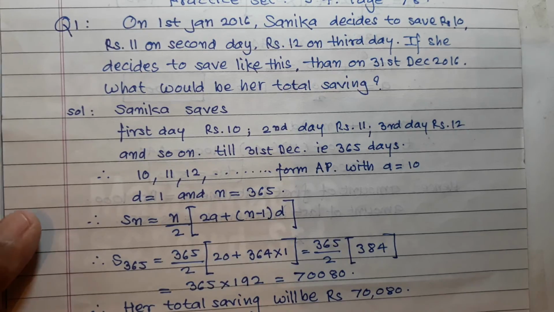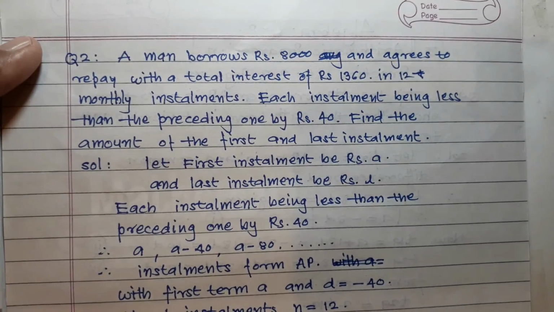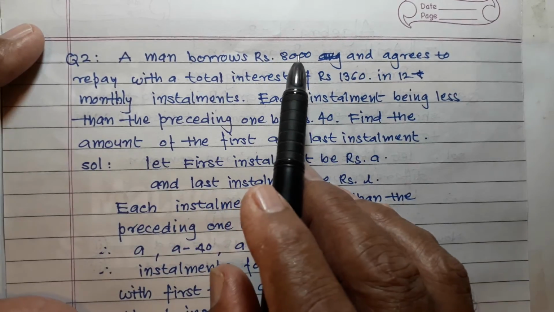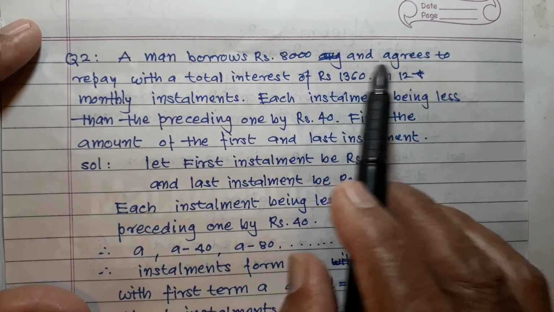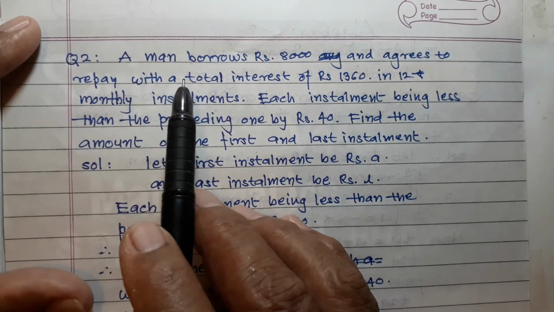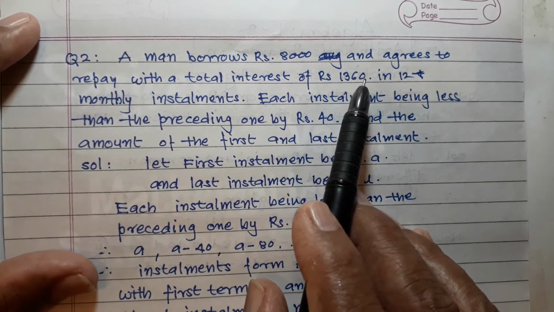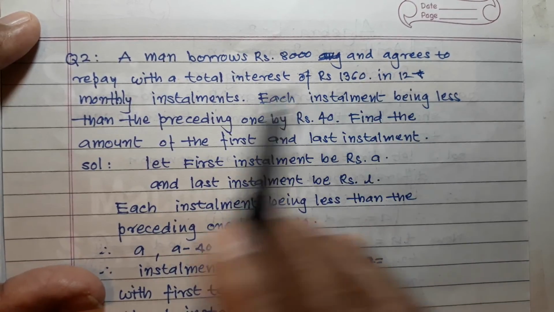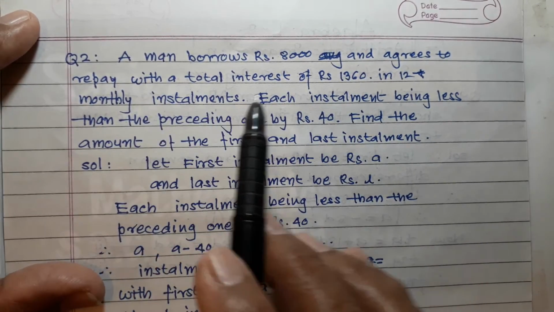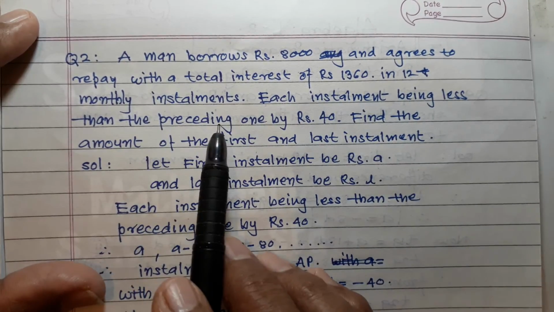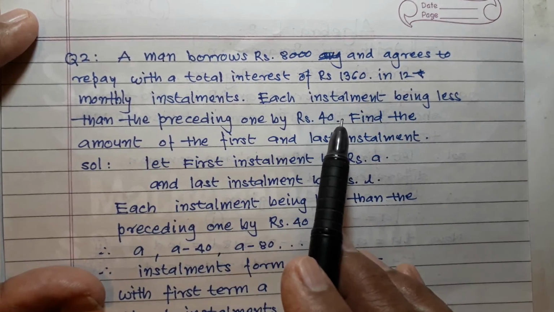Okay, then try to understand the next question. Question number 2. A man borrows rupees 8,000 and agreed to repay with a total interest of rupees 1360 in 12 monthly installments, each installment being less than the preceding one by rupees 40.